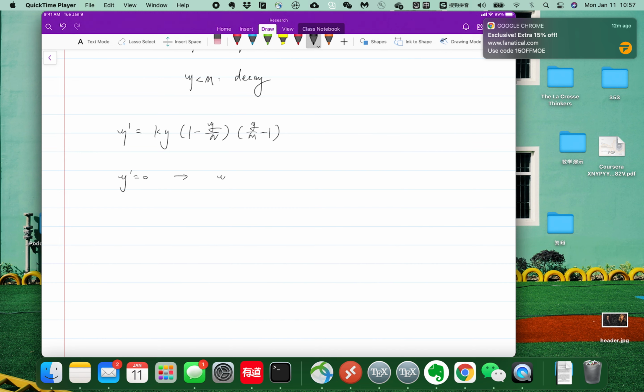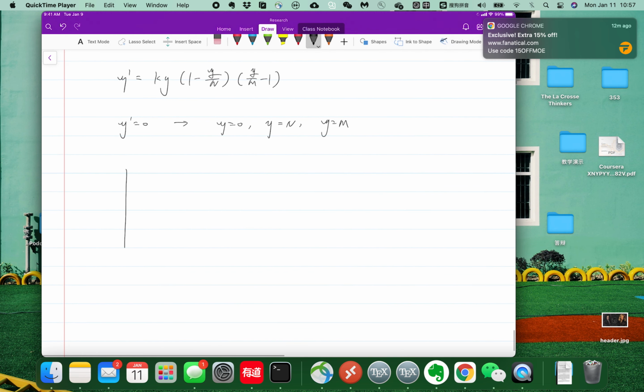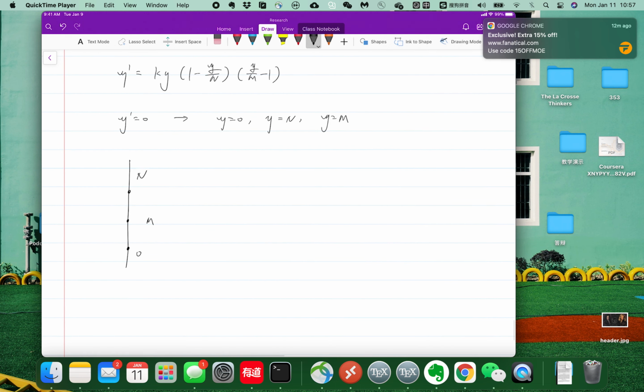You will find, well, this is an equilibrium. And this is an equilibrium. Usually m is below n. Okay? Otherwise, the whole thing does not even work. Okay, can you do the analysis? When things are very small, you have negative, positive, negative, positive.